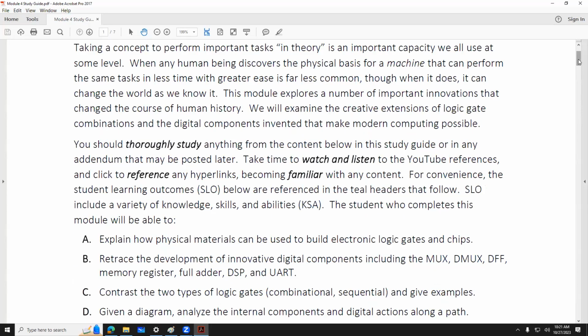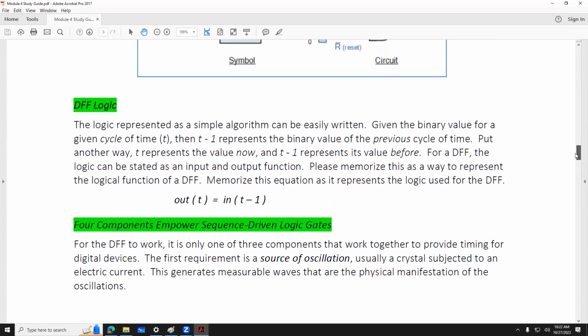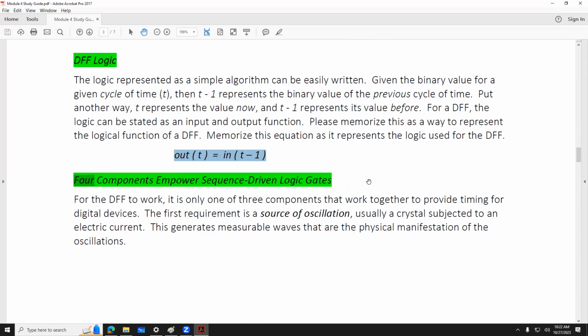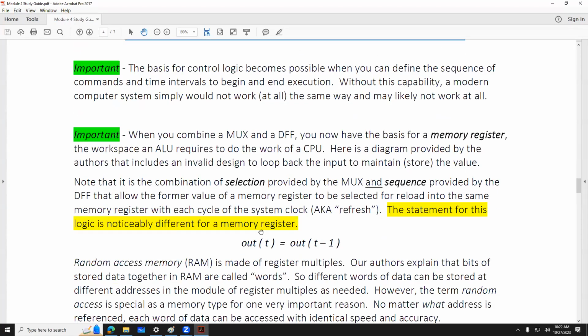So we were talking about memory registers. And we said that one thing we need you to know is the logic statement for DFF and to be able to distinguish it from the logical statement that represents a memory register. So it is this out equals out cycle or iteration that requires the refresh of electricity.